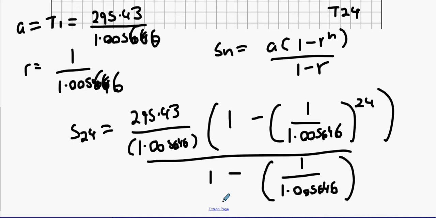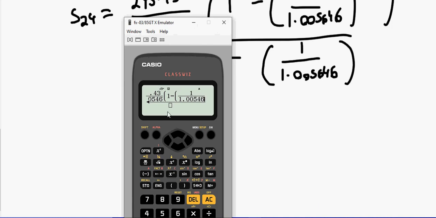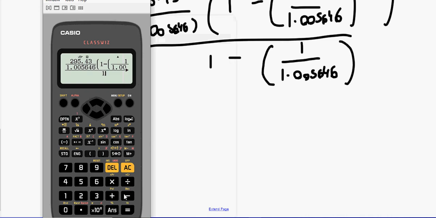Okay, put all that in the calculator. So, fortunately for me, 5646. It's a quick fix anyway. And now I'm at the bottom, and I'm going to do 1 take away 1 divided by 1.00546, and I'm hoping that this comes out to be 6,613.